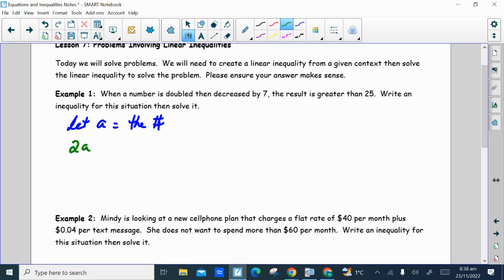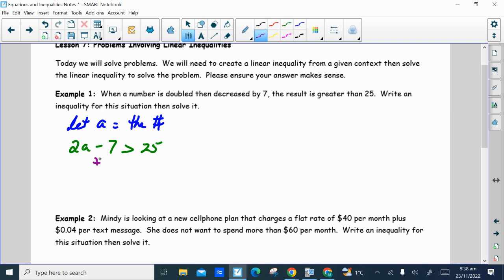So you're going to take the a and double it, multiply by 2. Decrease it by 7 means subtract 7, and the result has to be greater than 25. So there's our inequality. Notice it doesn't say greater than or equal to, just greater than. So that's what the inequality would look like. That's what we need to solve.